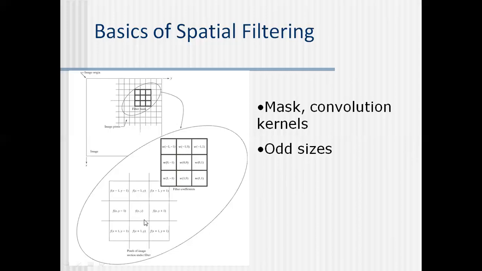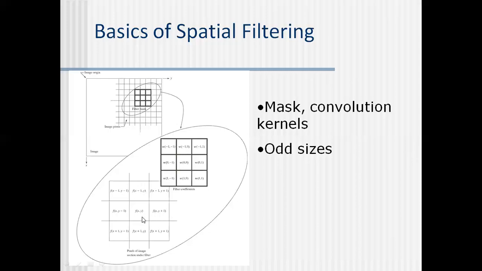Towards the right-hand side, this is the horizontal adjacent pixel and this is the vertical adjacent pixel. This should be x comma y plus 1, and this should be x comma y minus 1. That means along the x axis, x will not vary. Y should increment and y should decrement, so y will be y plus 1 and y minus 1.